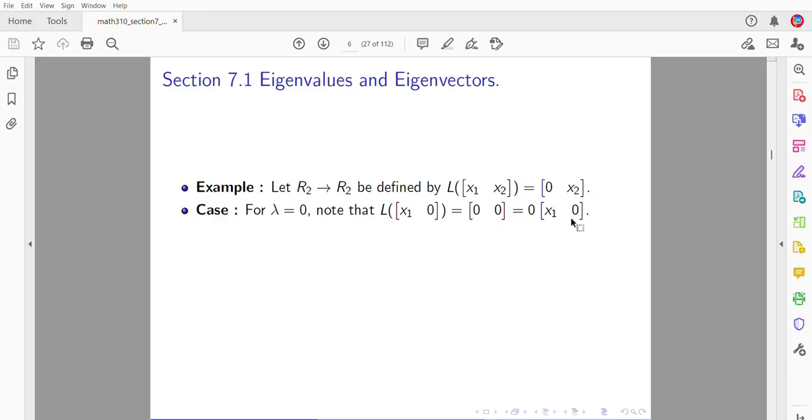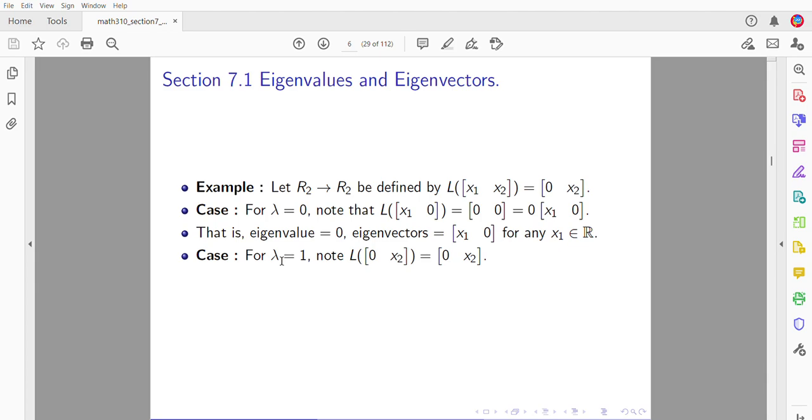In other words, (x1, 0) gets sent to zero for lambda equals 0. So that's an eigenvalue. Eigenvalue 0. The eigenvector is (x1, 0). What about eigenvalue equals 1? L of (0, x2) will be (0, x2) because x1 becomes 0 anyway. So when lambda is 1, (0, x2) is an eigenvector.